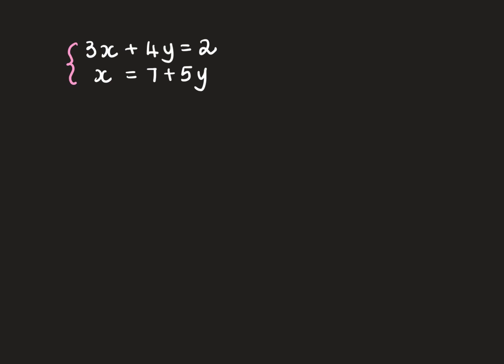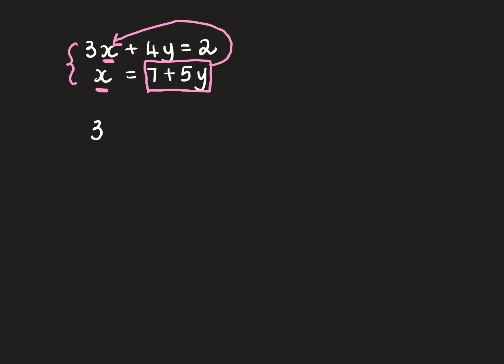Now, if x is equal to 7 plus 5y, then this x is the same as this x, so I can substitute 7 plus 5y into the x in that first equation. Look at how I do it.